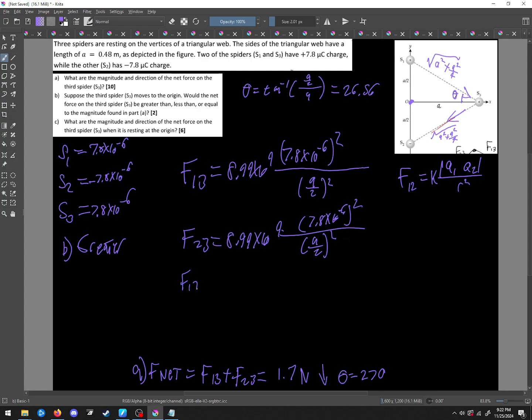So F13 equals F23 equals 8.99 times 10 to the 9th times 7.8 times 10 to the negative 6. Let me square the top. It's going to be over 0.48 over 2 squared. Getting 9.4 should be.